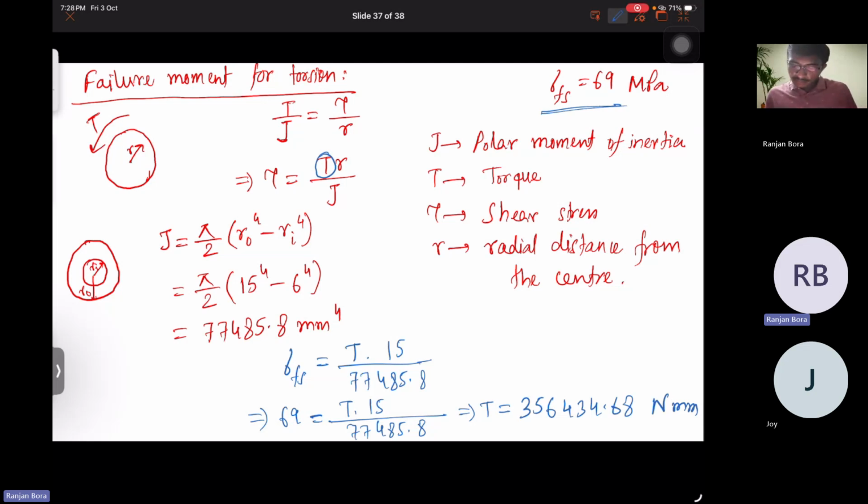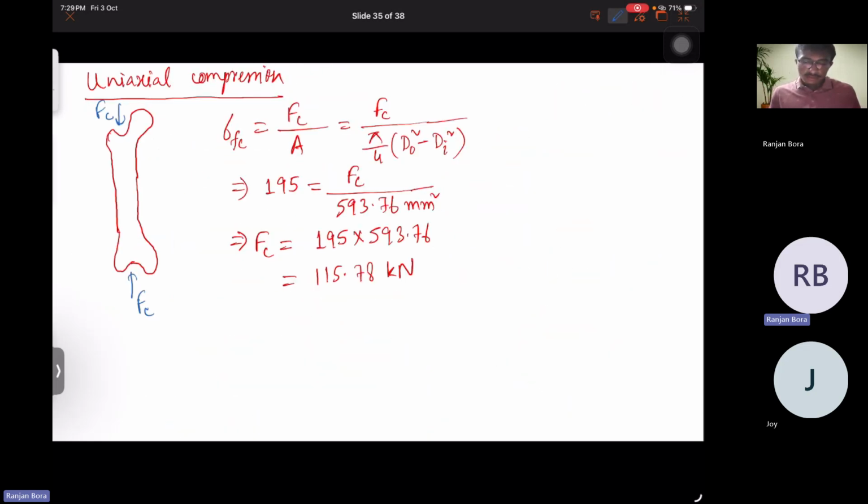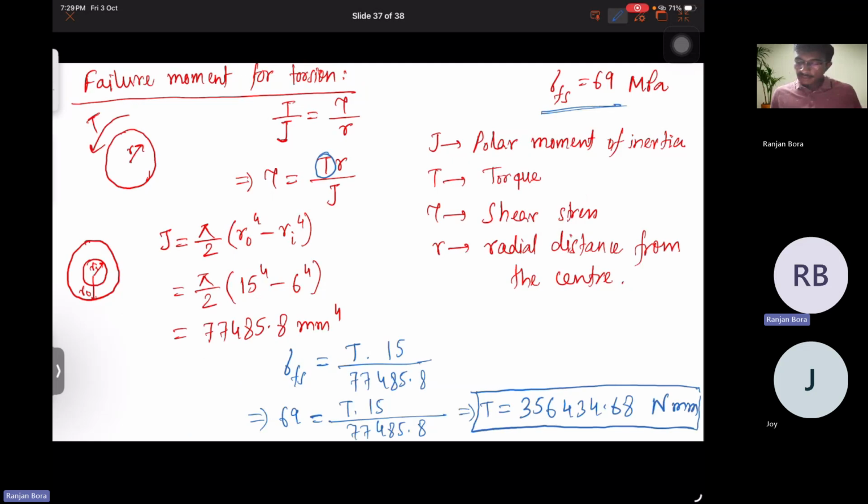This is the maximum torque, the limit of the shearing moment we can apply on the bone.